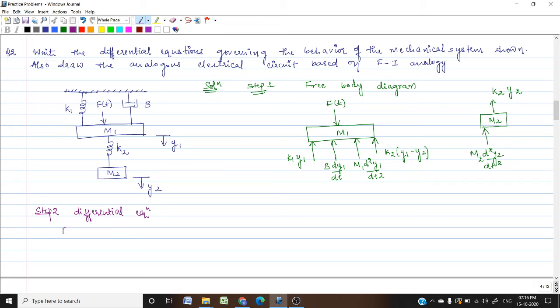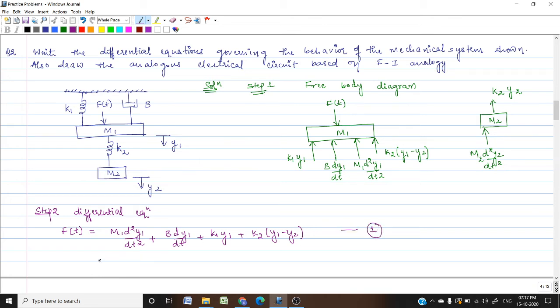We will have, based on the net forces, D'Alembert's principle, f of t is equal to m1 d square y1 by dt square plus b dy1 by dt plus k1 y1 plus k2 into y1 minus y2. This is equation number 1.